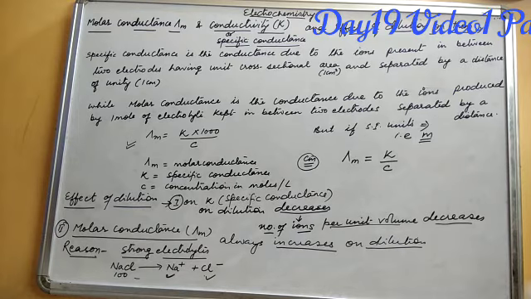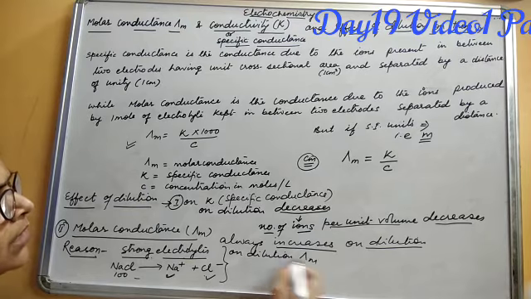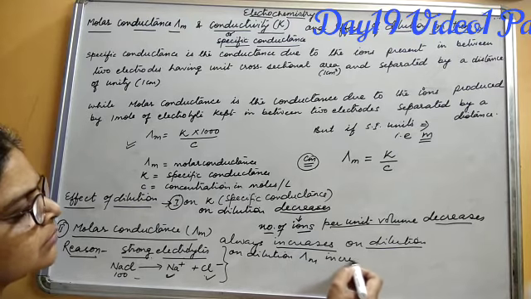If we add water to it, the number of ions will not increase. But yes, the electrostatic forces of attraction between the ions decrease or break down. Therefore, these ions move apart, or you can say the mobility of these ions increases. Therefore, molar conductance increases. So overall, for strong electrolytes, on dilution, molar conductance or lambda m increases.